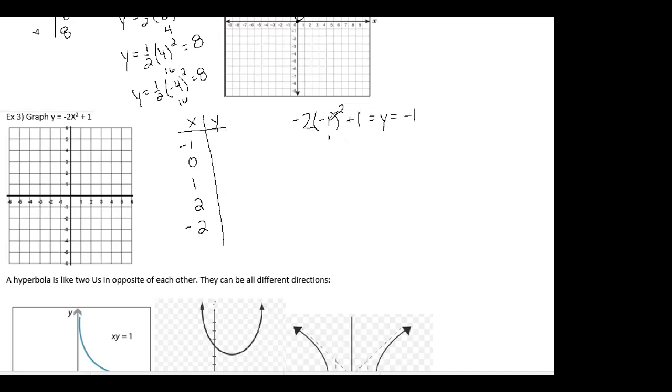So when we plugged in -1, overall we get a -1. Now let's plug in 0. So 0 squared is 0. 0 times -2 is still 0. 0 plus 1, so we just have a 1.